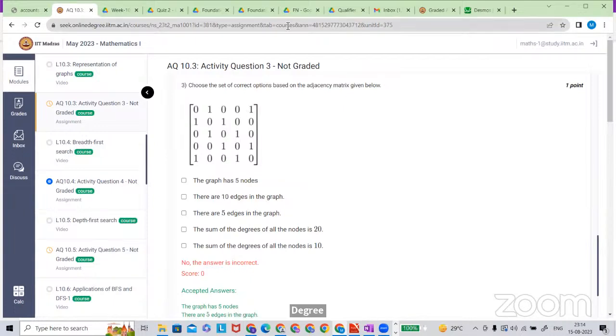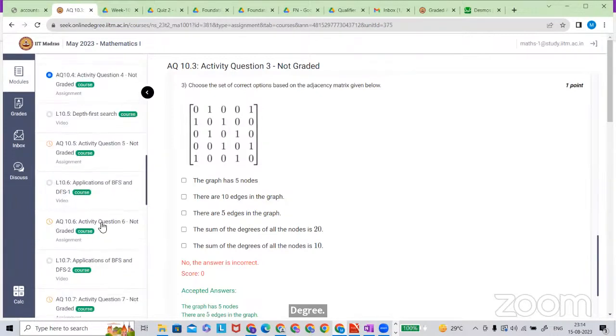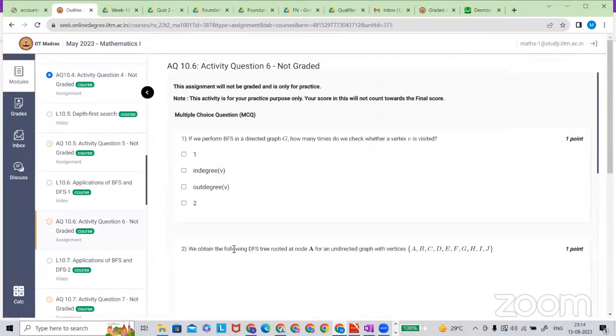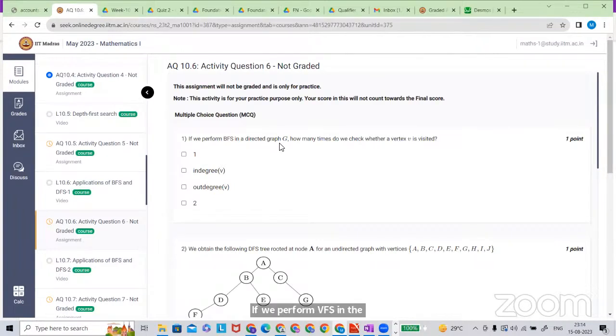Okay, sir. And sir, activity question 10.6, question number 1. If we perform BFS in the directed graph G, how many times do we check whether a vertex V is visited or not?